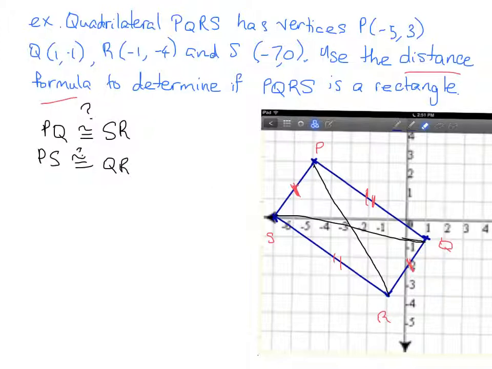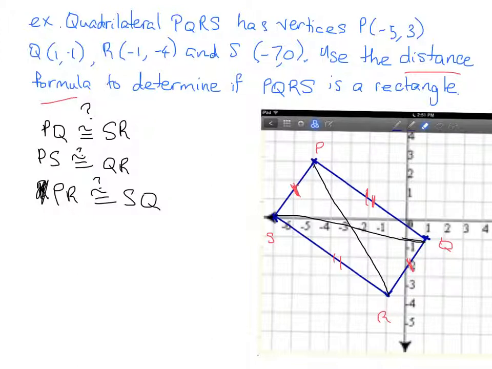And the diagonals, that's not a P. So PR would have to also be congruent to SQ. And if these 3 things are true, then we know that we have a parallelogram and a rectangle. Actually, we know we have a rectangle.